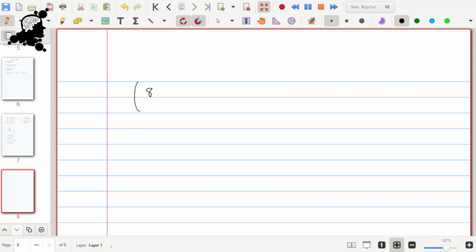So this is 81 k to the power 16, p to the power negative 4, all over 16 q to the power 8, all to the power 3 over 4.